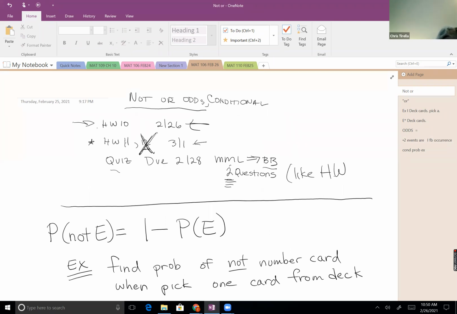But we've spent a bit of time on the content of homework 10, so the quiz is going to be 2 questions like those on homework 10. So just study homework 10 and that probability practice handout that we had, the very first one.